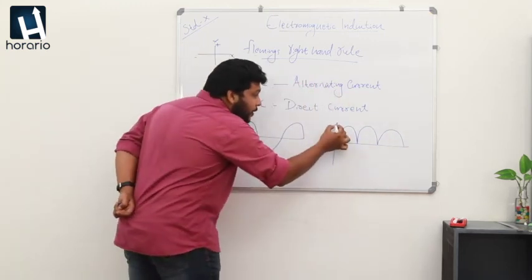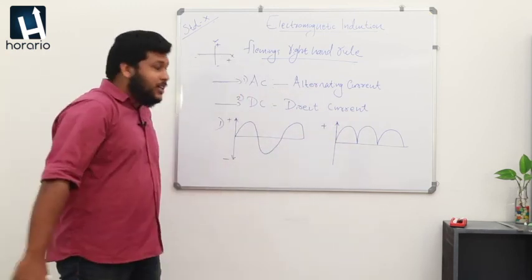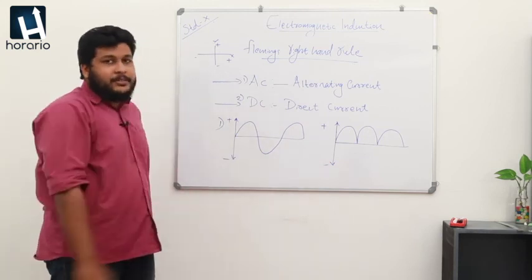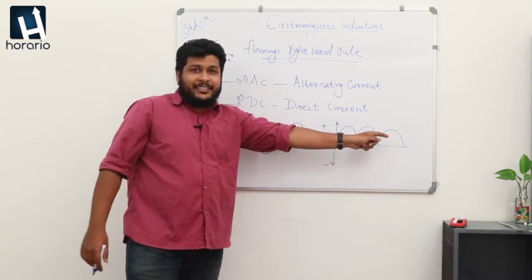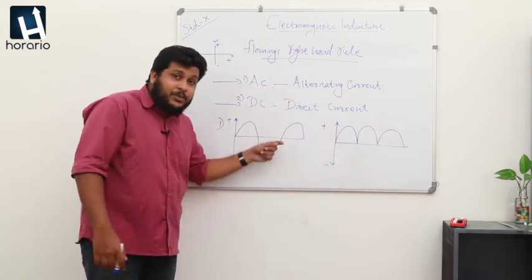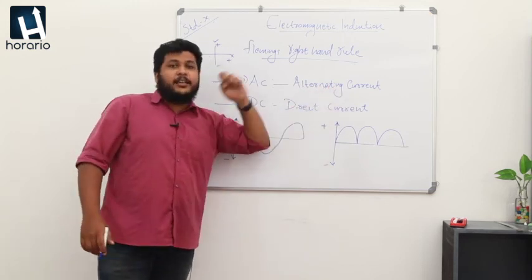Here what's happening? The current is only moving through the positive side. There is no current in the negative side. So here the current is going only in one direction and it is known as direct current. And when the current is passing through alternating charges, it can be termed as alternating current.